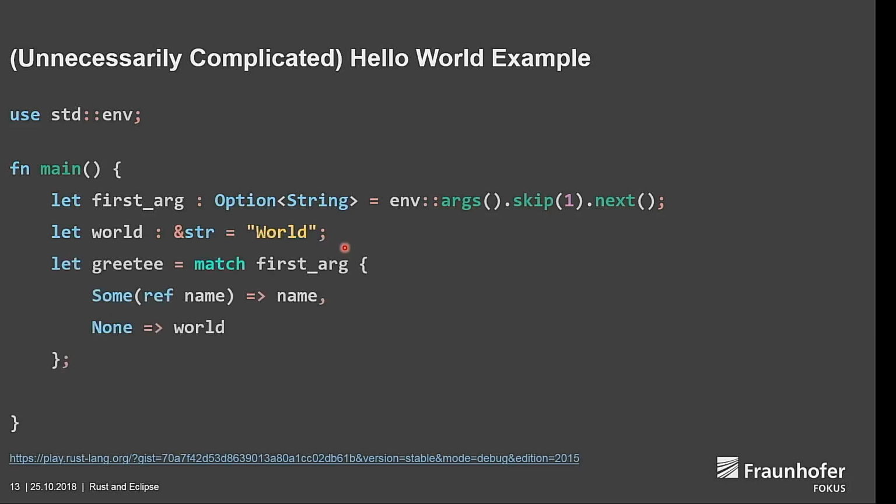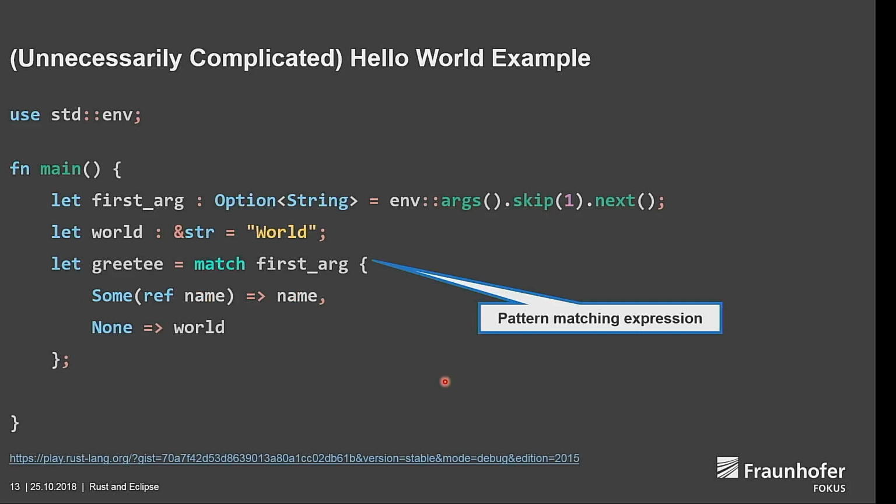All right, so what we do next is we declare another variable, but the type is inferred. We don't explicitly specify the type with :type. We assign a value, and it is inferred what type this value is. All right, so we match against this first arg, and we destructure the option here. There are two possibilities.